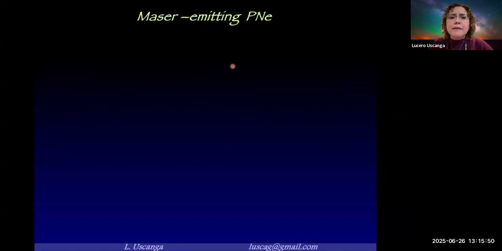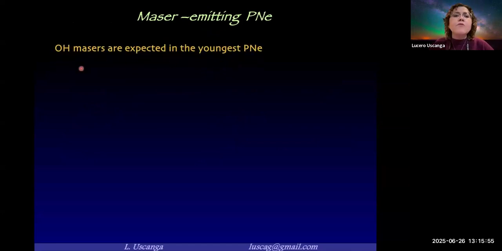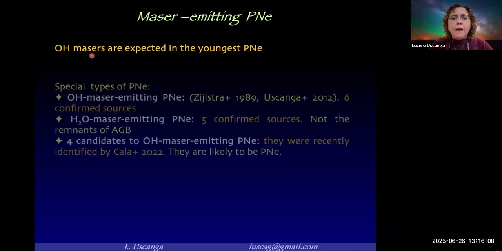There are some planetary nebulae that present maser emission. If we remember, the time of disappearance for the OH masers after the beginning of the post-AGB phase is around 1,000 years, so it is expected that they can be present in the youngest planetary nebulae.